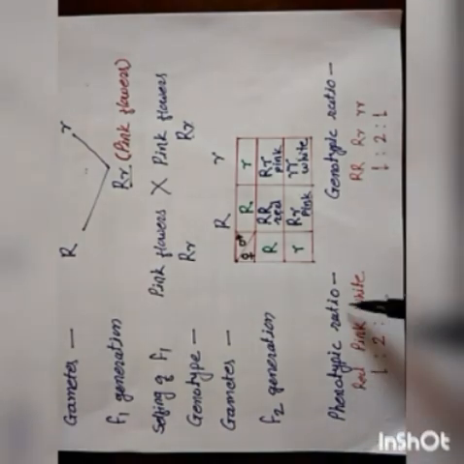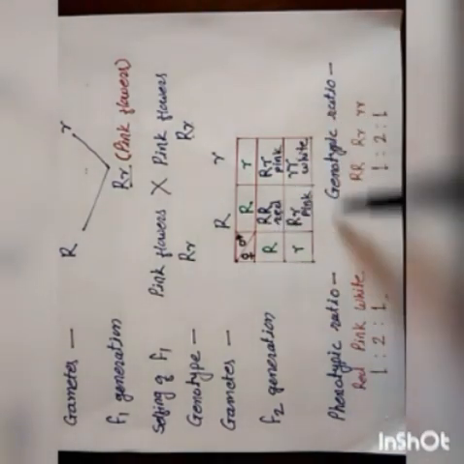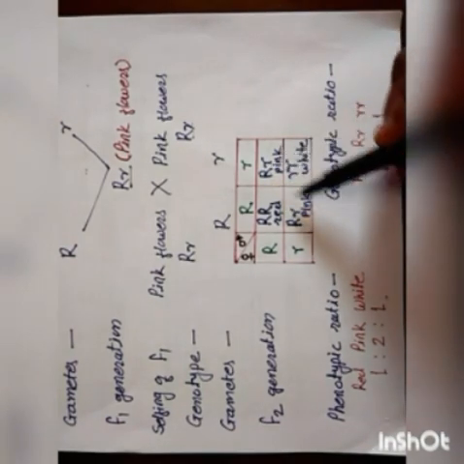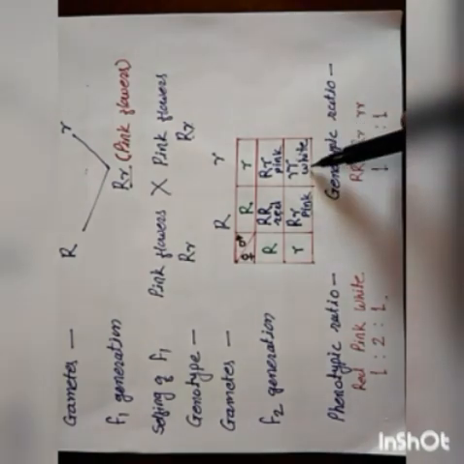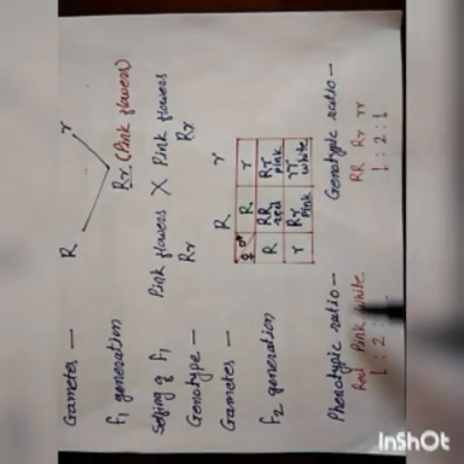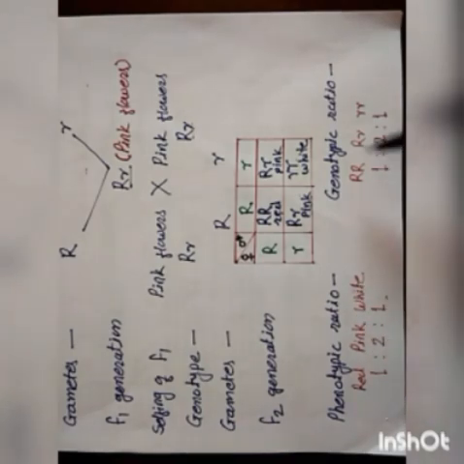Then the phenotypic ratio. In the F2 generation, 1 red flower producing plant, 2 pink flower producing plants and 1 white flower producing plant are produced. Meaning the phenotypic ratio is 1:2:1.